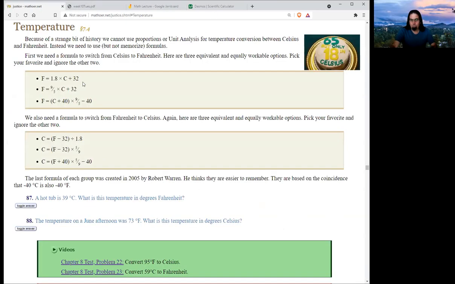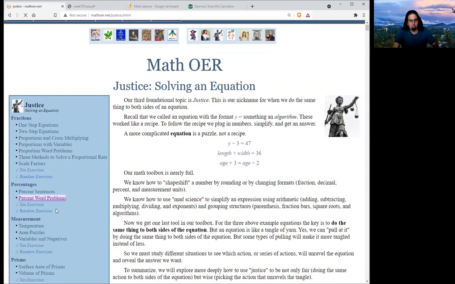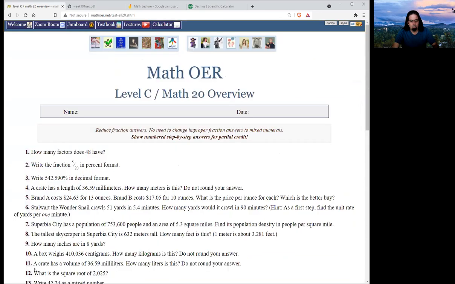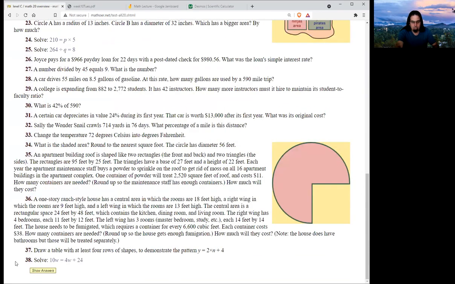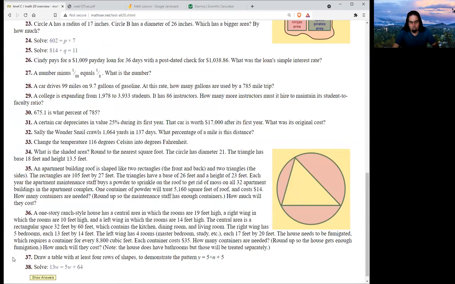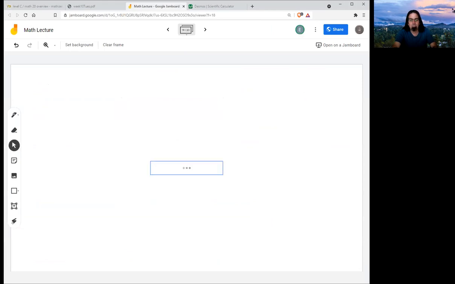Now I have to go to random problems. Okay. That one looks scary. It has the number 13 in it.